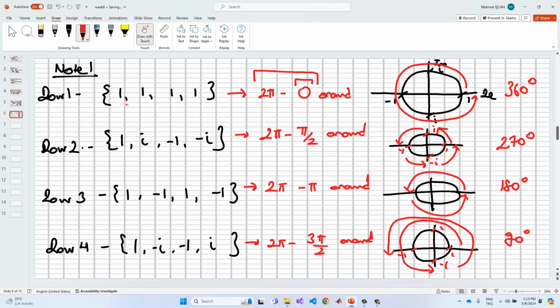And so right now, you can understand what's the meaning of this pattern in here, right? At each step, 360 degree deflection on this pattern. And this one, 270. This one, 180. This one, 90 degree.